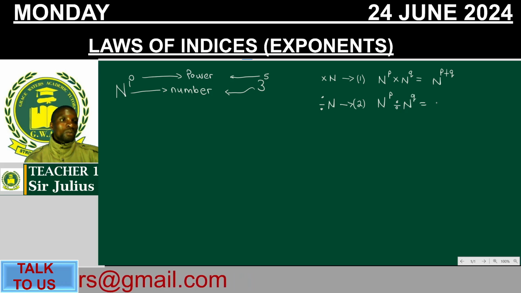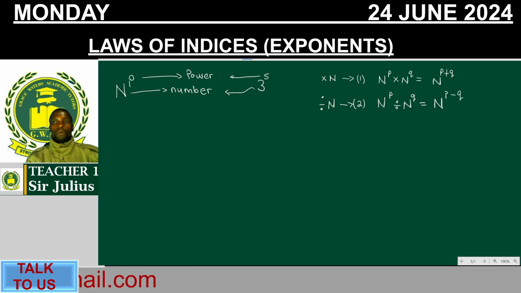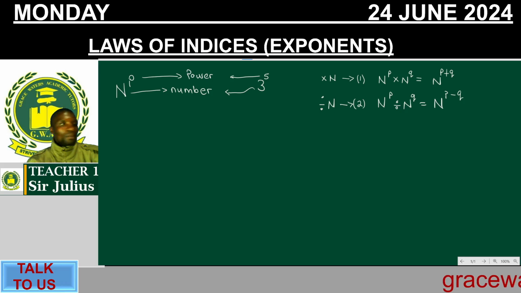Instead of adding, the law subtracts. It is very simple: whenever you are multiplying numbers, you add the powers. When you are dividing numbers, you subtract the powers. Those are the first two laws of indices.